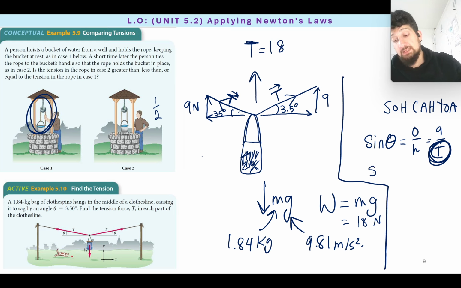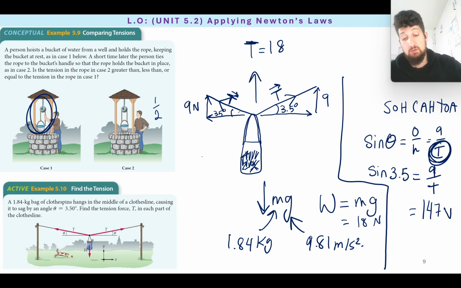So basically, sine 3.5 equals 9 over this. So what's it going to be? 9 divided by sine 3.5. And that gives me 147 newtons. That is the answer.